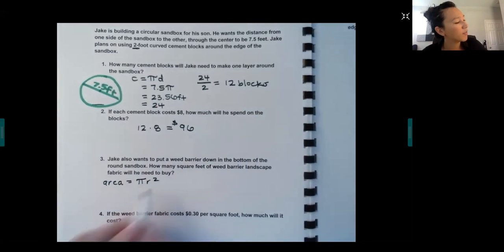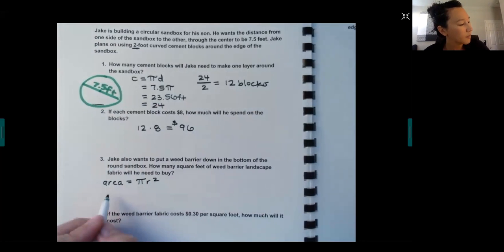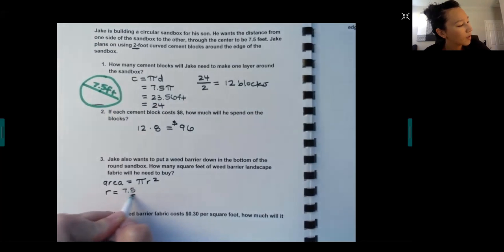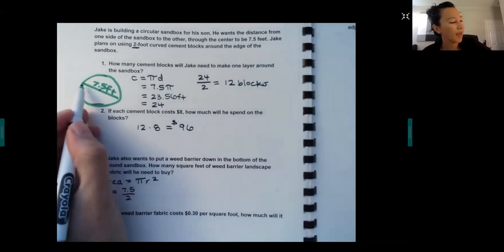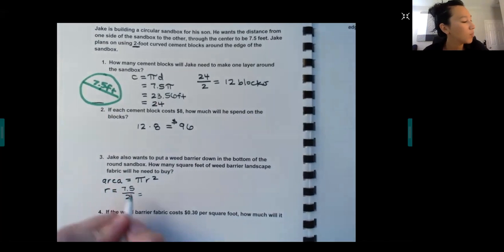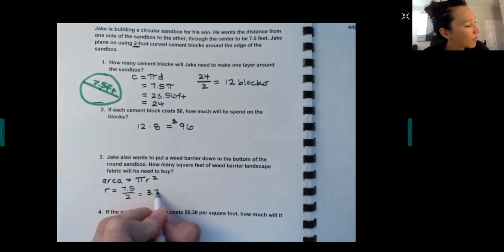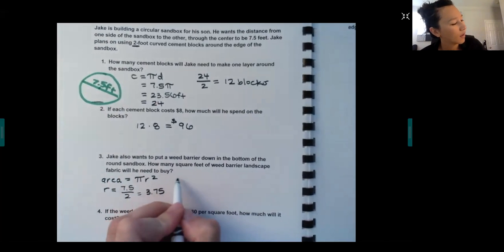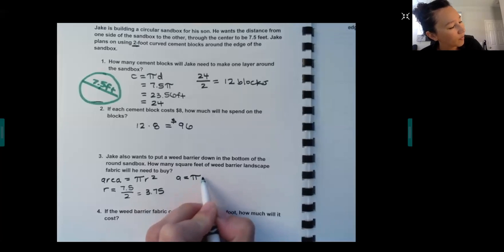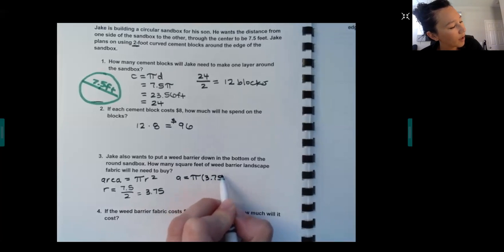So pi r squared, but first we need to find r. So r equals the diameter, which is 7.5, divided by 2. It's going to be half that distance. So 7.5 divided by 2 is 3.75. So then pi times our radius, which is 3.75 squared.